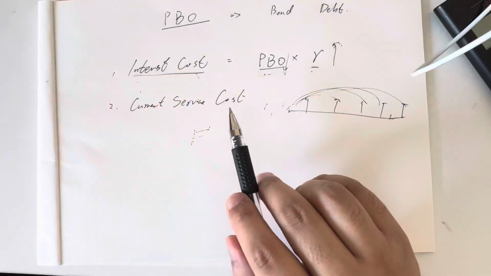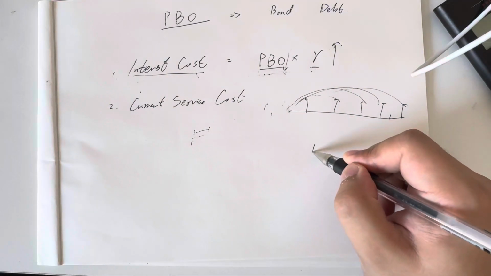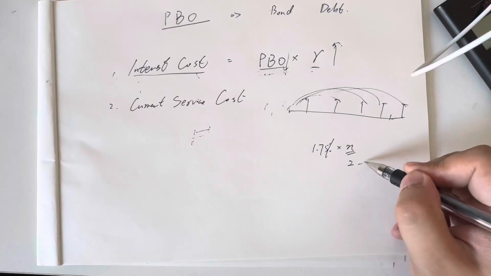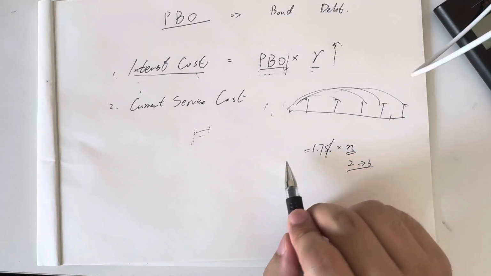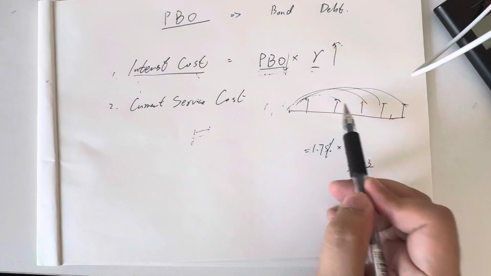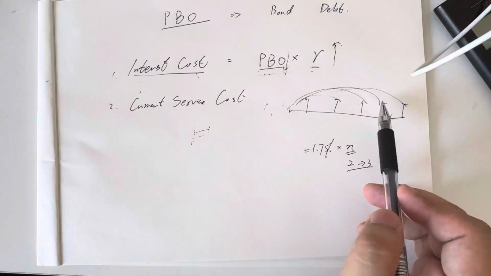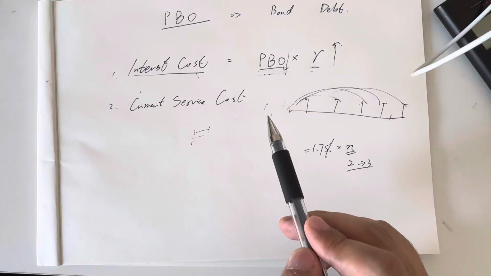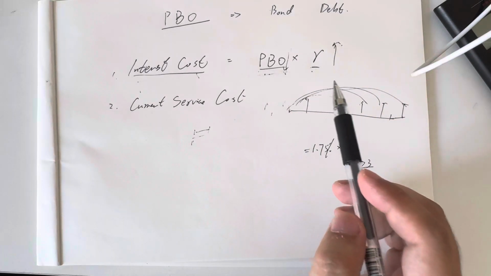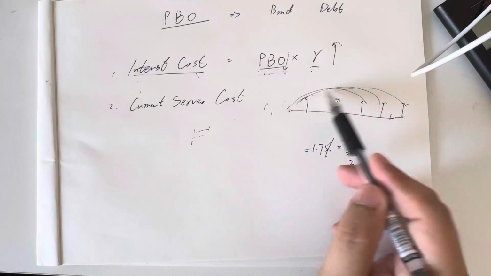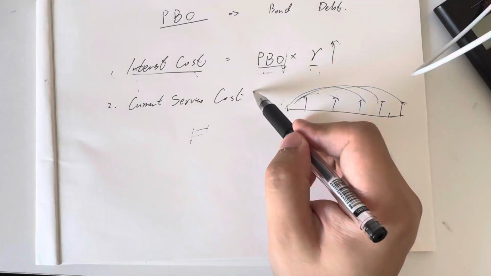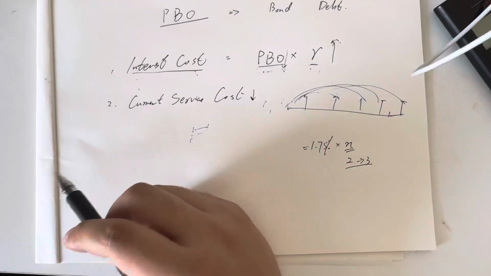You use the credit method, maybe 1.75 or something like that, times N years, so 2 years to 3 years, and the final payout will go up. So the PBO, if you discount that back to now, will go up as well. And the interest rate discounts all that back to now, so it will go down. So for the current service cost, if R goes up, this should go down. If R goes down, this should go up.